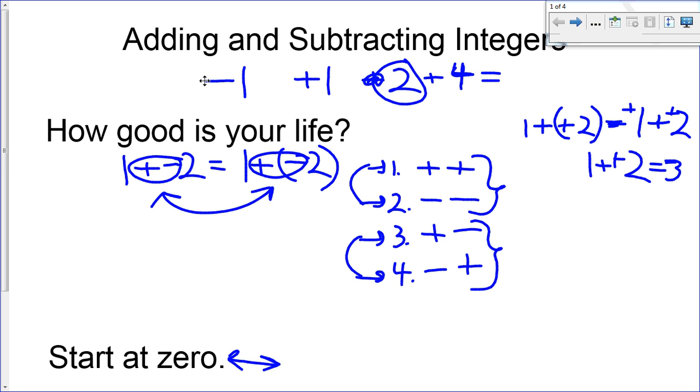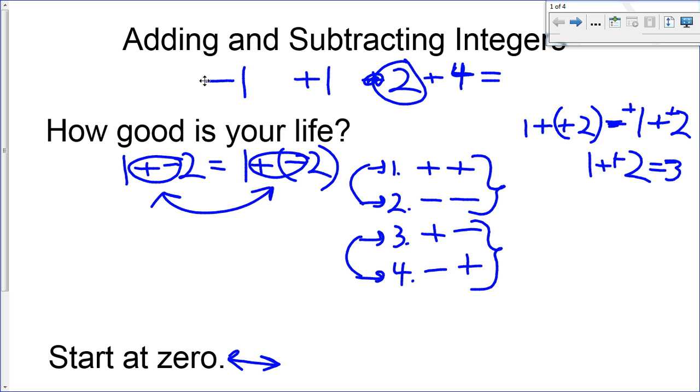The way I want you to think about it, I borrowed from one of the high school teachers. You can thank Ms. Rice Johnson for this example. It's one of the best ways to think about adding a positive, subtracting a negative, adding a negative, and subtracting a positive, and what that really means in the end.